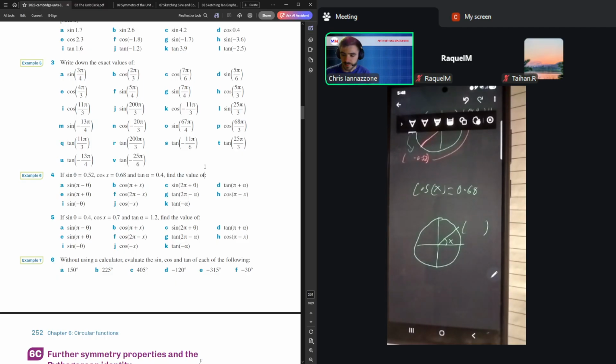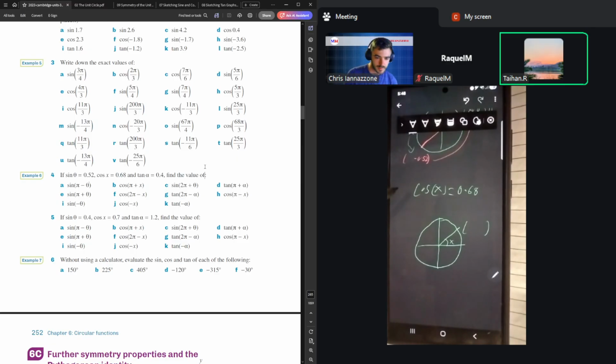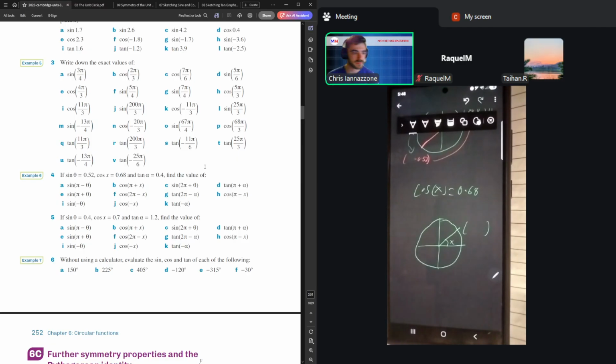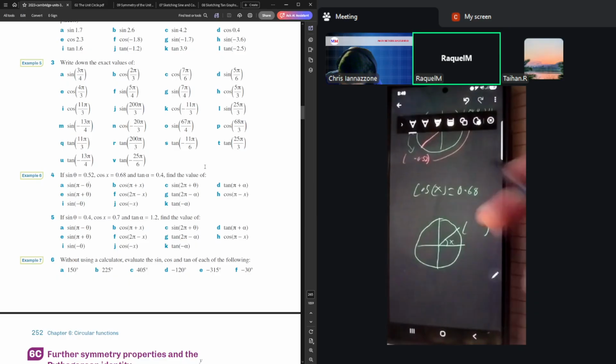This is just creating the initial thing before we answer any question. So this is creating our new reference angle. Before we were using the sine and 0.52, now we're using the cos and 0.68. I haven't given a question to solve yet. This is just setting us up to solve any of the actual symmetries that will come later. Would it be 0.68, y? That's it.